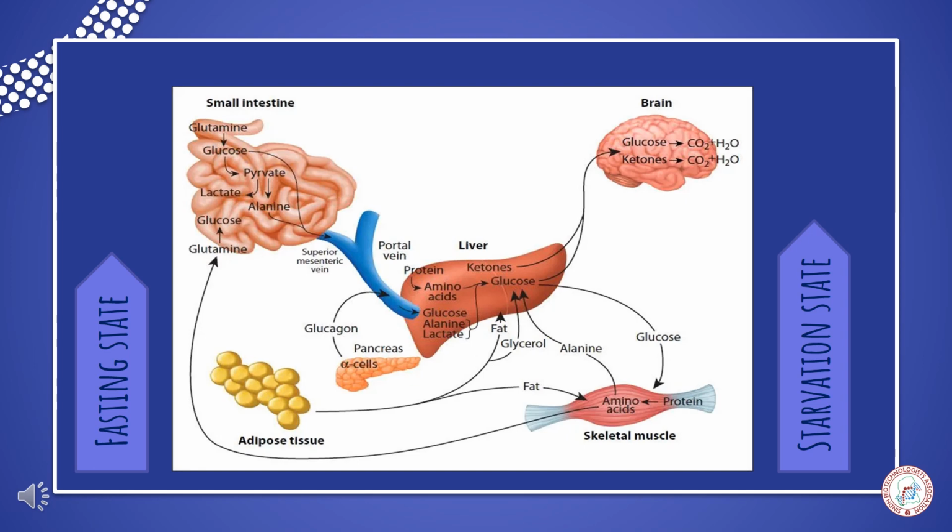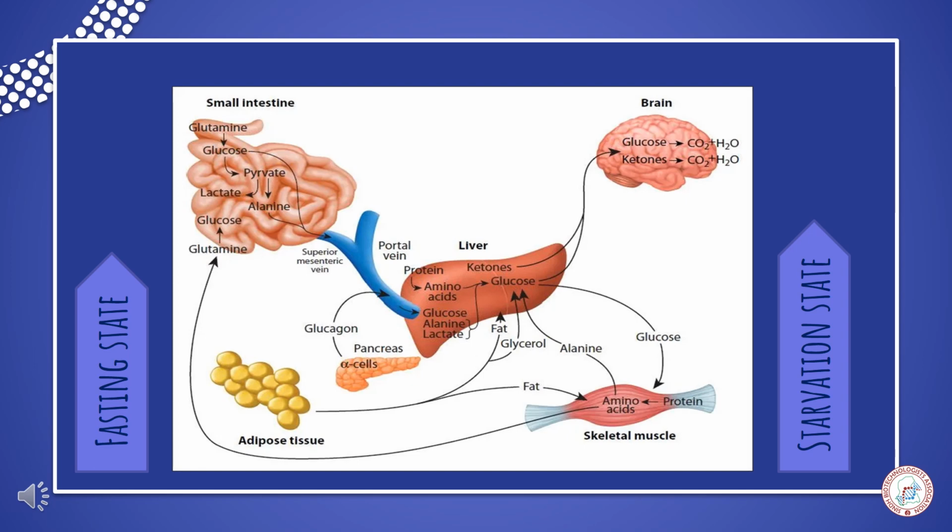gluconeogenesis will happen, and the glycolysis pathway will occur by utilizing all those sources. It gets the pyruvate from different glucogenic or ketogenic amino acids by the conversion of all these metabolites, as I have mentioned in this figure.